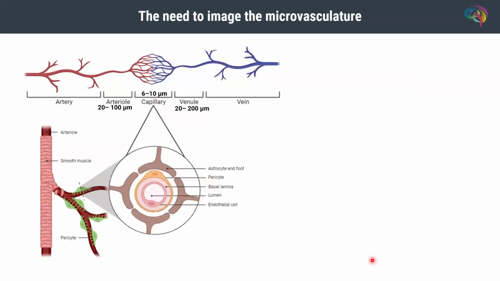Now, of course, the possibility of imaging and studying the vasculature of the brain is extremely important to increase our knowledge of brain physiology and also to better understand several disruptive neurological conditions related to the vasculature.